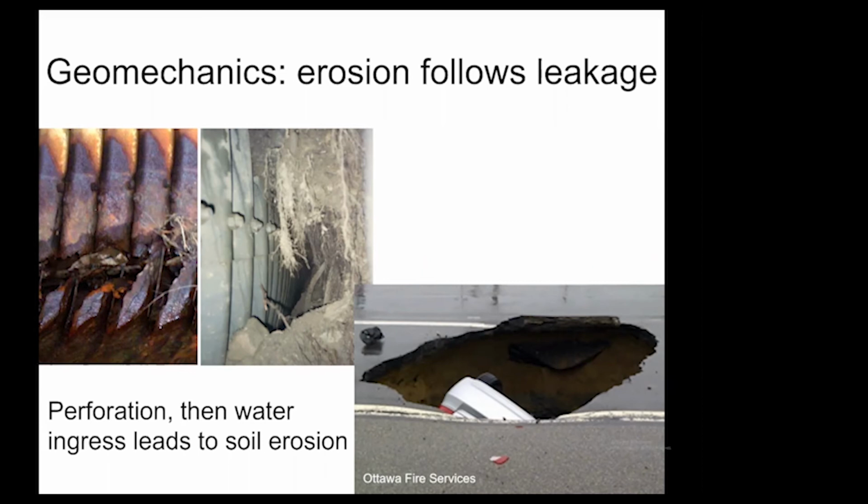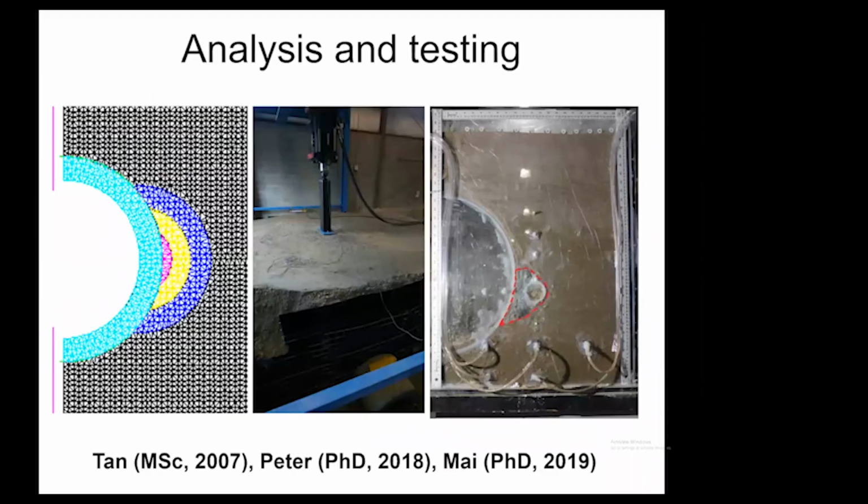So this research involves trying to understand how that erosion void will affect the pipe that it's next to. And the work that I'm going to show you is aimed at understanding the impact of that sort of erosion void on either a rigid pipe on the left, so some computer analysis.